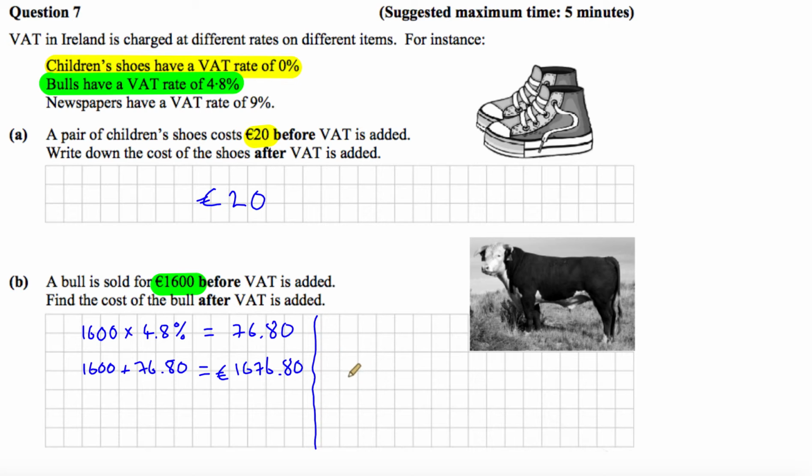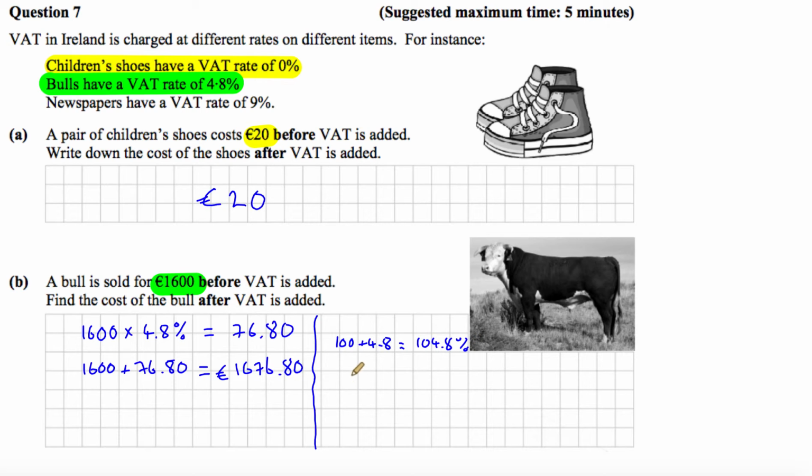Another way to do it is if we add 4.8% on, well, we're adding that to 100%, so 100% plus 4.8%, well, that's just 104.8%.